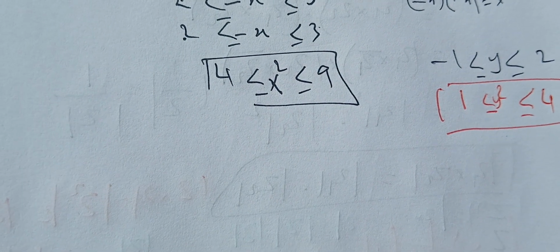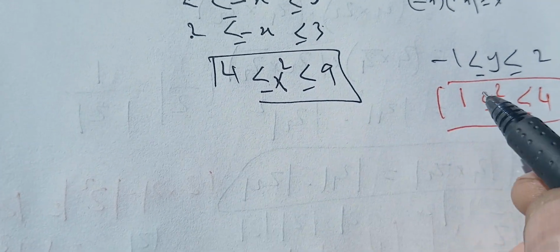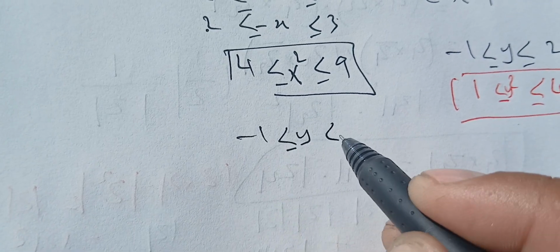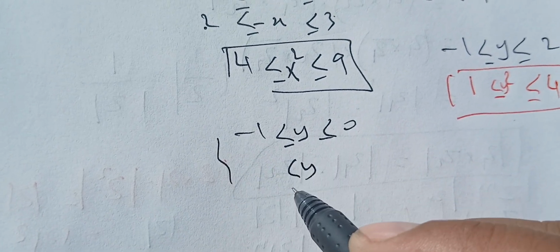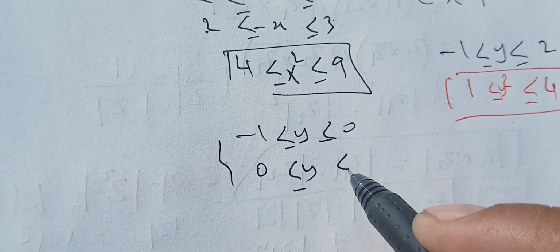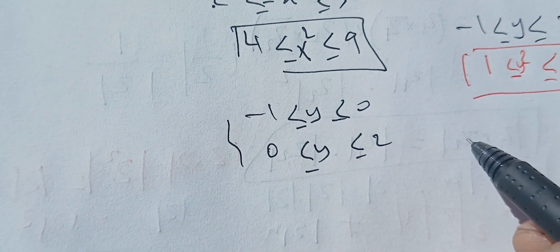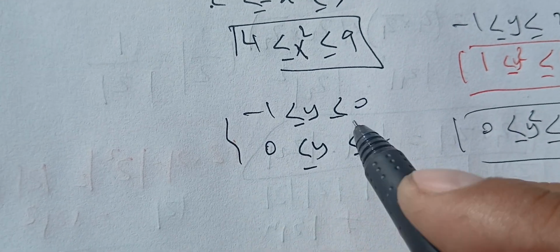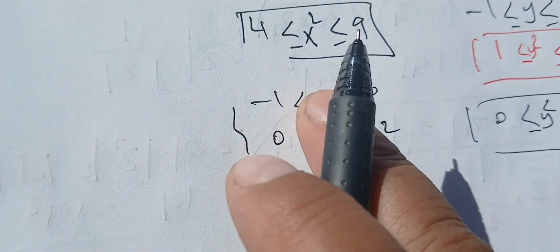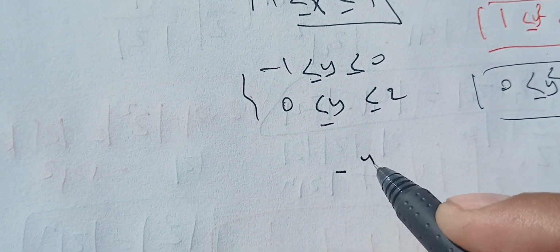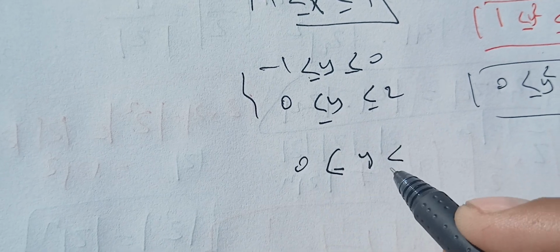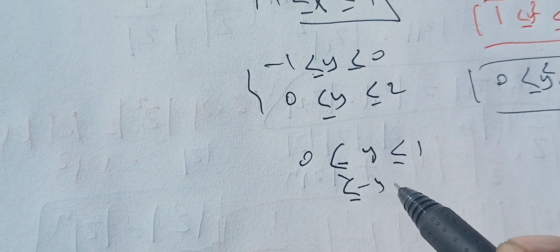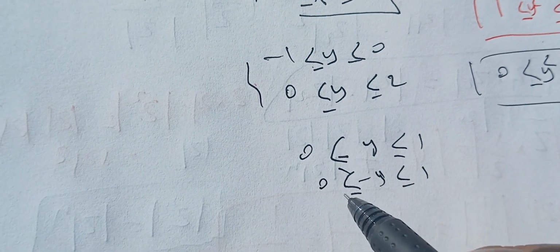But this is not true, since y can be between -1 and 0 or between 0 and 2. For the positive one, we have y squared is between 0 and 4. But for this one here, we have to make it positive. So we multiply by minus y, the same thing as we did for the x.